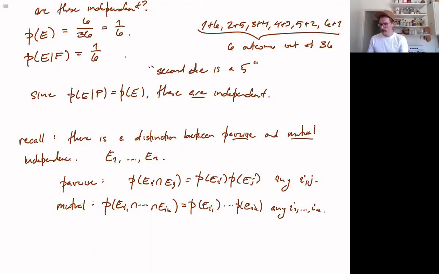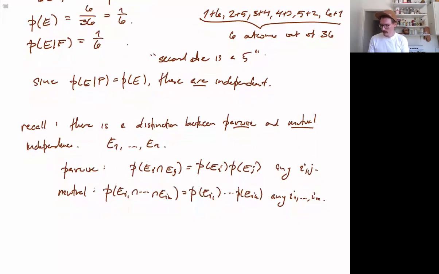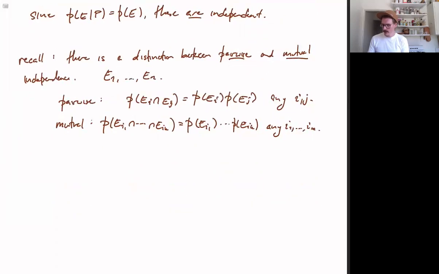So, for example, here's a question. If A, B, and C are independent events, are A intersect B and C independent?